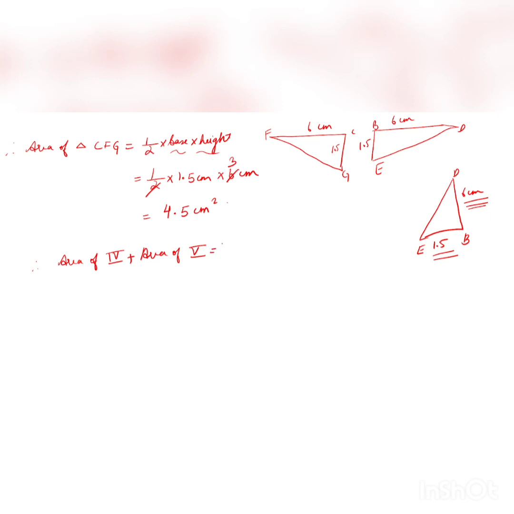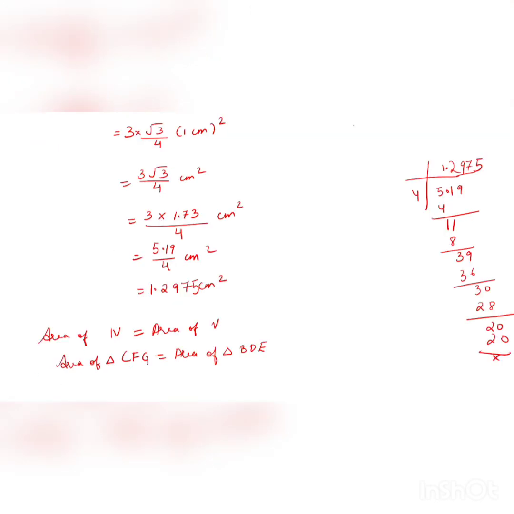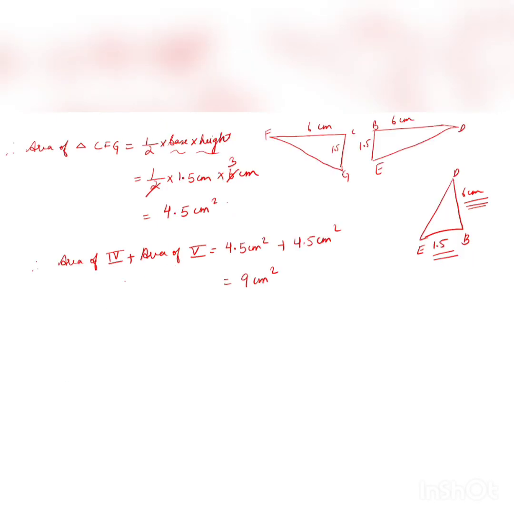That means it's both the same. So 4.5 centimeters square plus 4.5 centimeters square, and this will give you 9 centimeters square. Clear? See, I've given here area of CFG is equal to area of BDE. That means area of 4 is equal to area of 5. Clear? So I'm adding this.